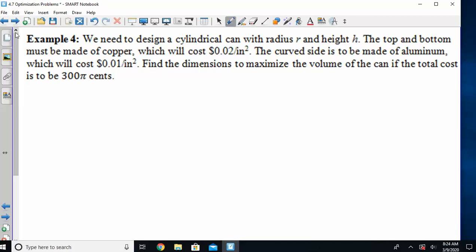Okay, we need to design a cylindrical can with radius r and height h. Soup can type thing. So our height here is h, and radius is r.